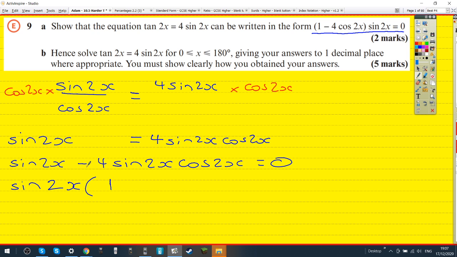Yes. 1 minus, and then factorize out sine 2x from the second one. Four cos 2x. Yeah, that's it. That is it. Okay, part B.